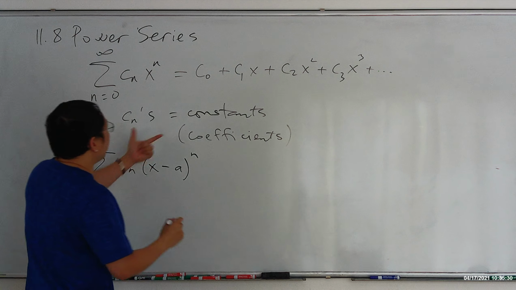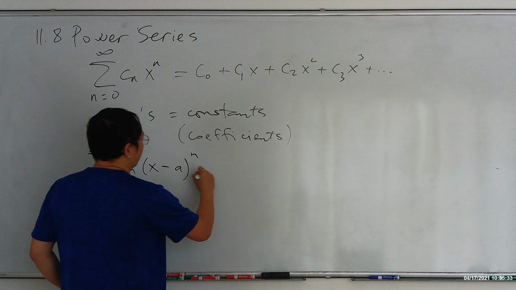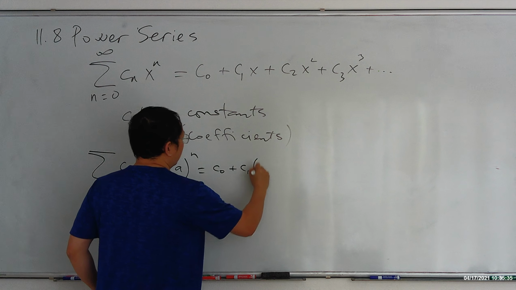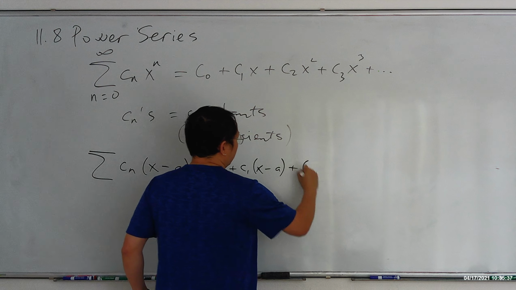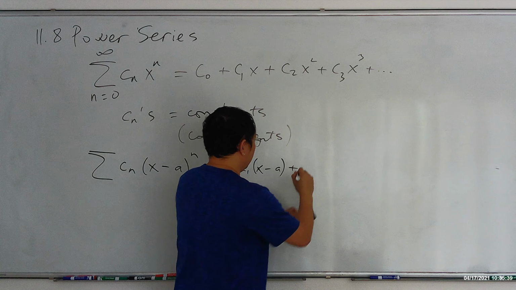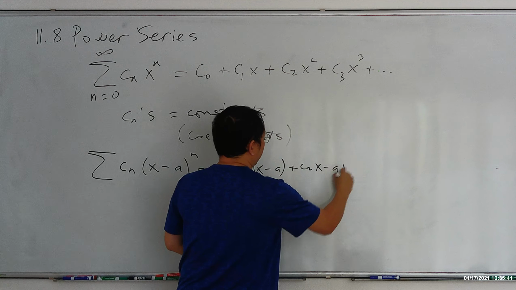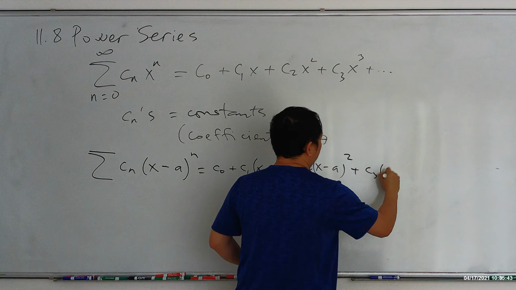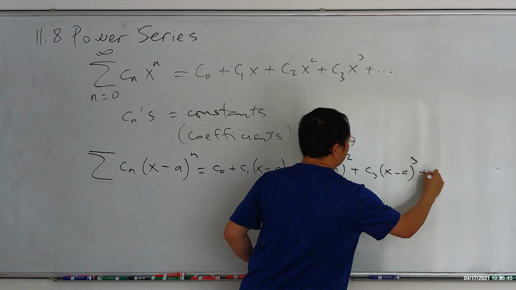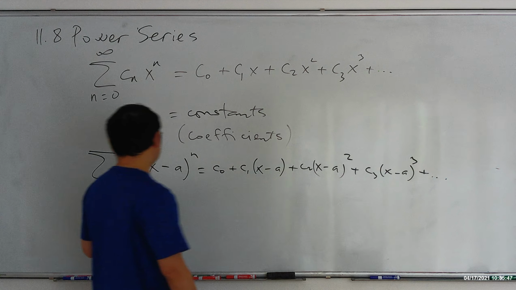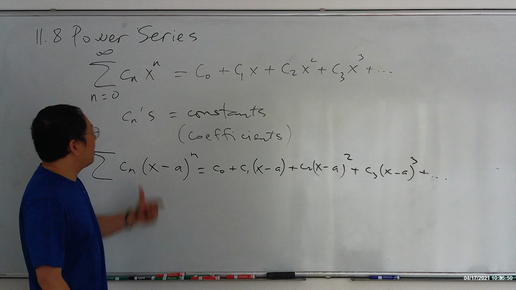It's the same thing, it just has a constant a right here. This is C0, C1 (x minus a), C2 (x minus a) squared, C3 (x minus a) cubed, plus and so on, forever. This is a more general definition of a power series.